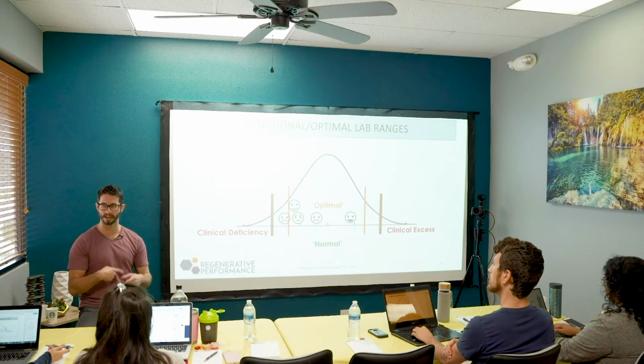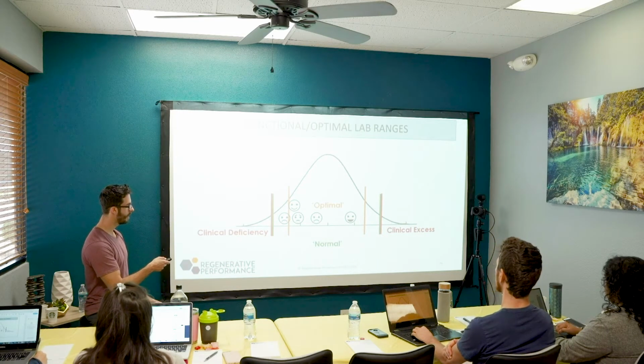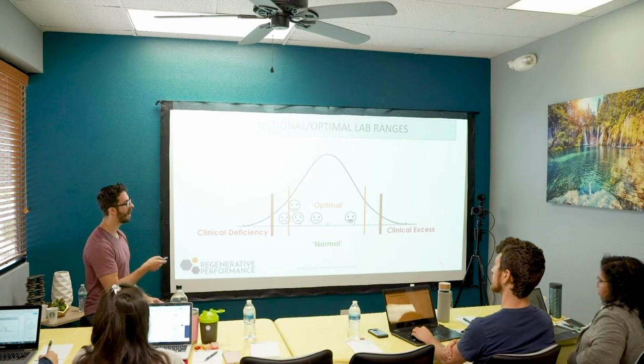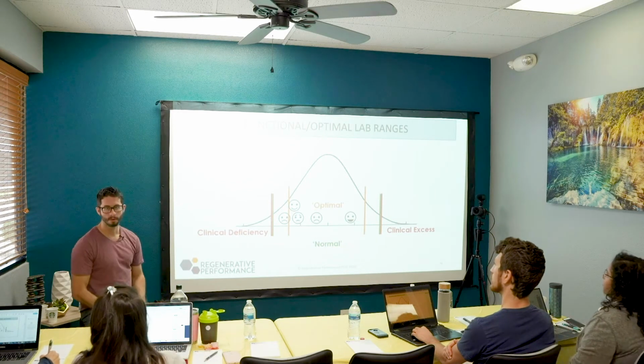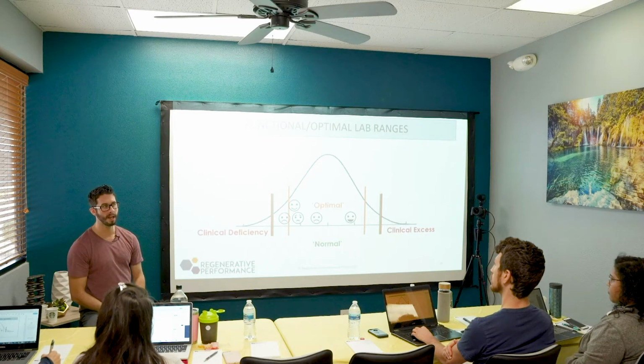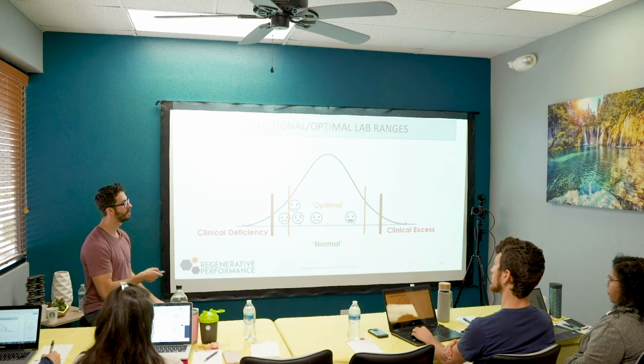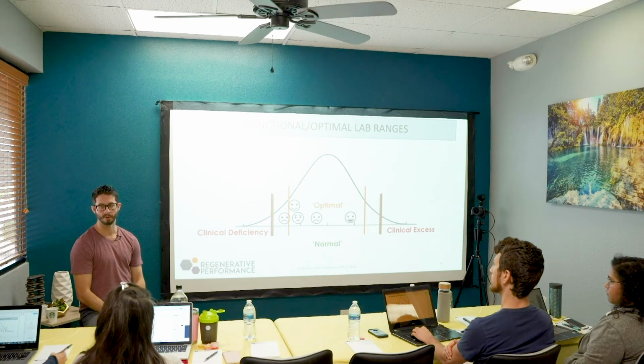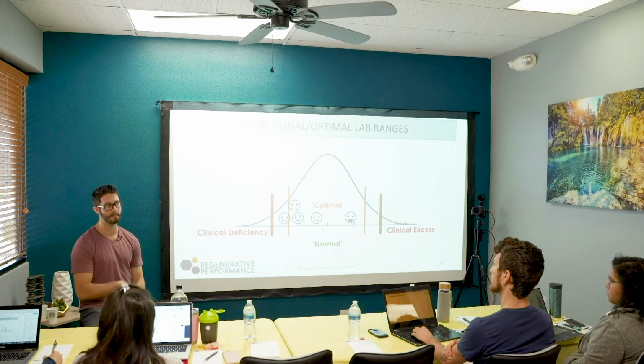There's different things that could be playing in. They come in and let's say our optimal range for TSH, which we'll talk about all these, is 0.5 to 2. And they walk in and they're at 2.3, 2.4. That makes you go, maybe there's something here that I need to investigate further and dig deeper on.